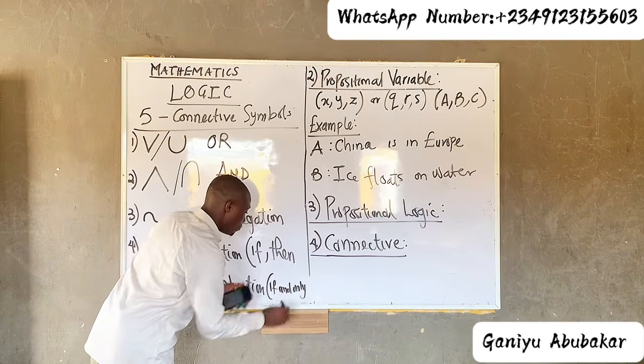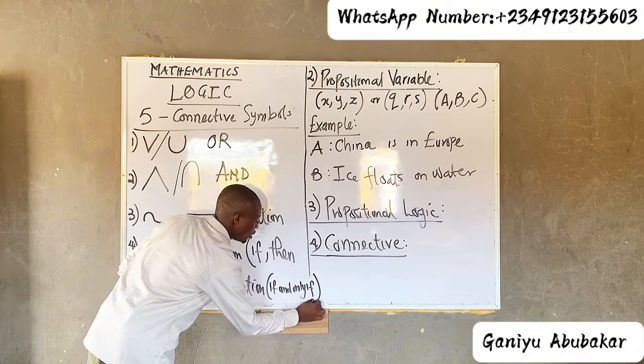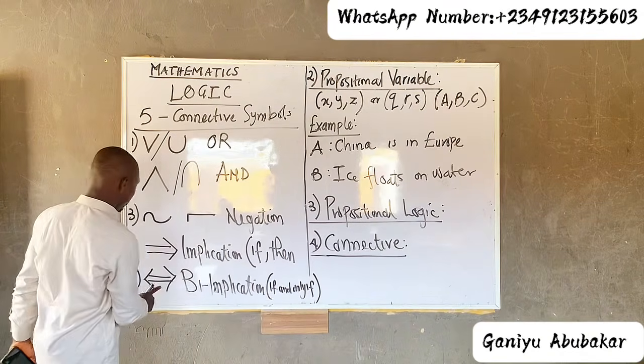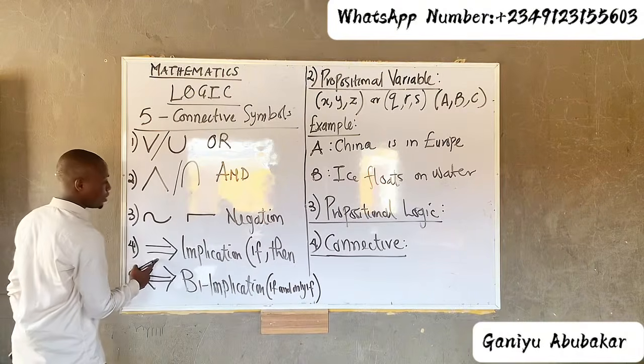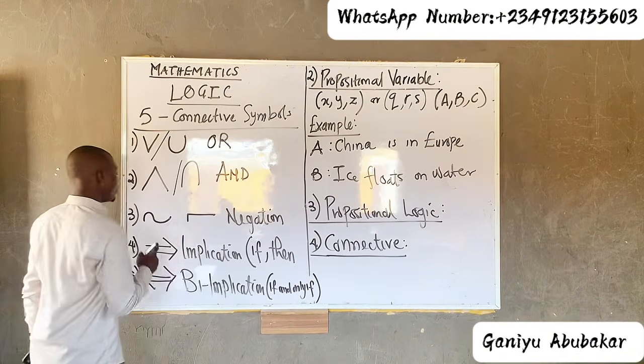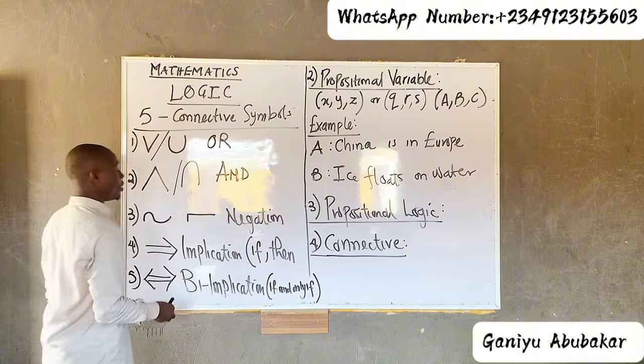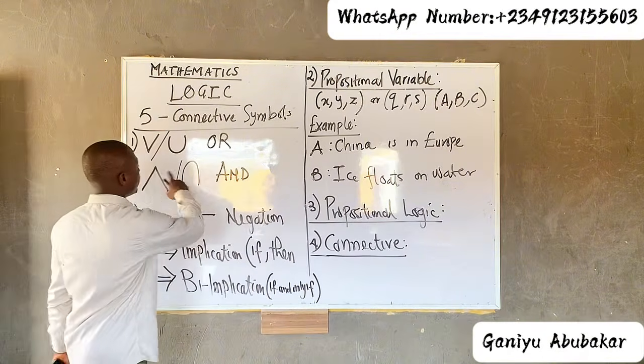So this symbol means if and only if. This one means if, comma, then. This one means negation. This one means and, while this one means or.